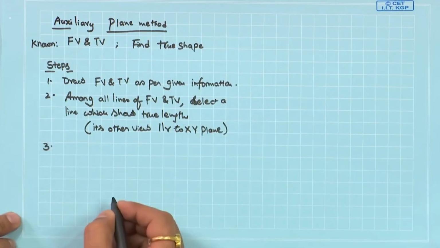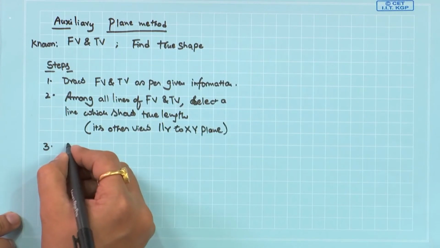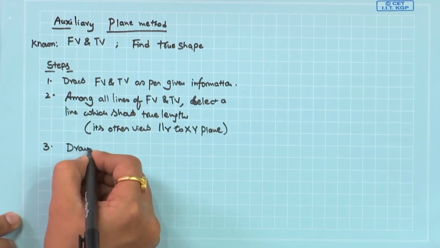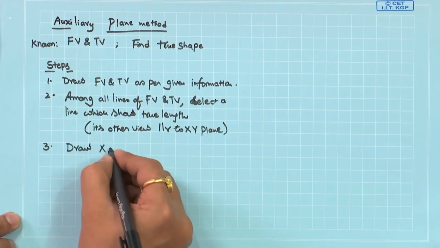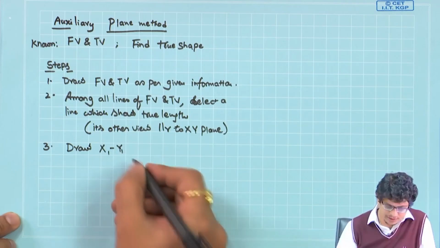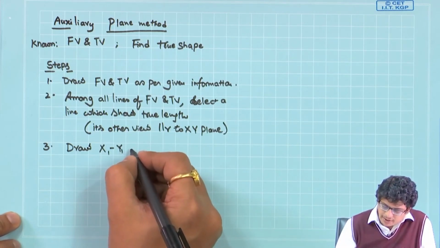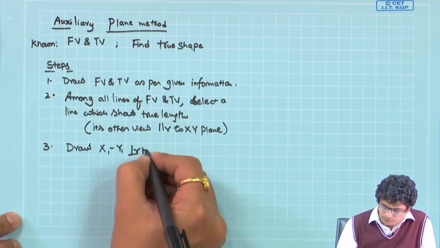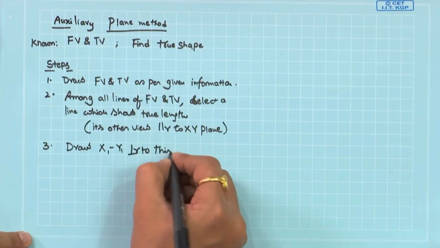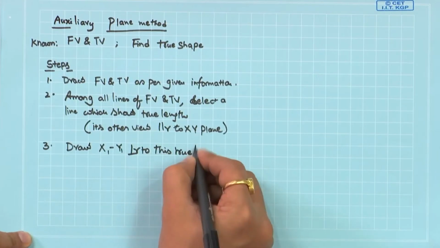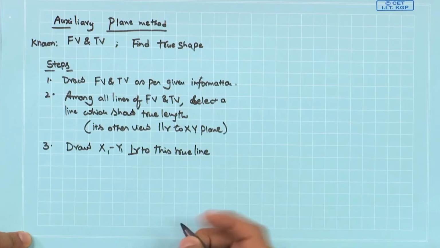Then we will construct a new axis, a new x1 y1 axis or plane perpendicular to this true length.